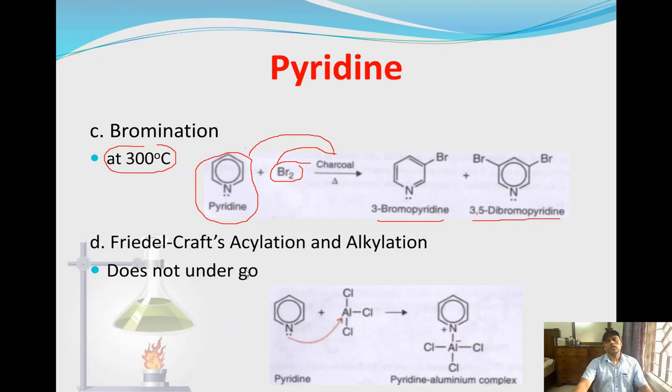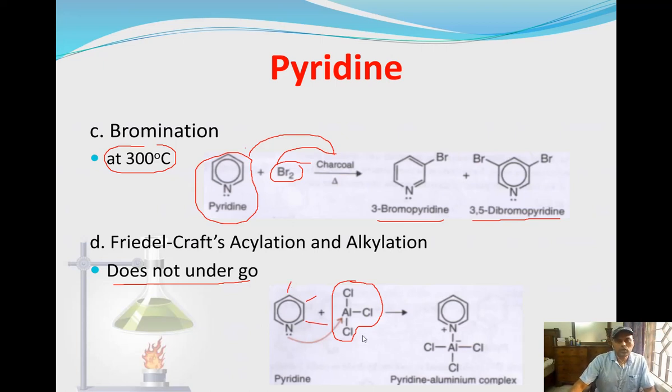Friedel-Crafts acylation and alkylation are not going to take place. As you can see here, this is the Lewis acid, aluminum trichloride. Lewis acids are actually electrophiles, but it is not going to substitute anywhere on the ring.